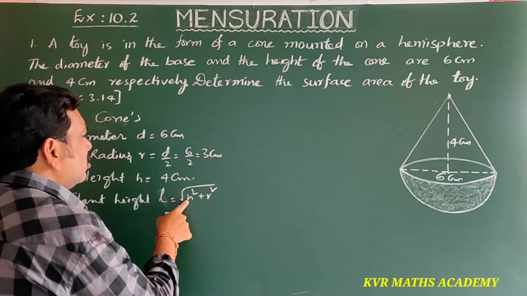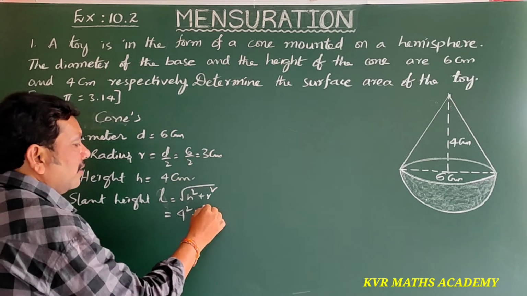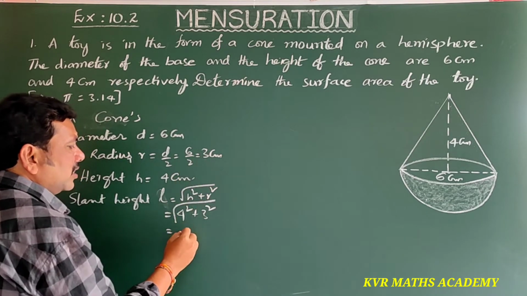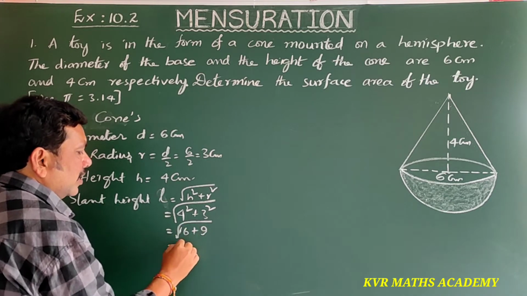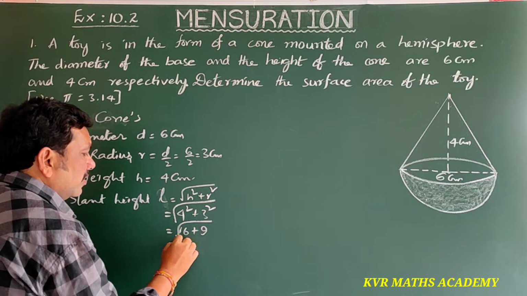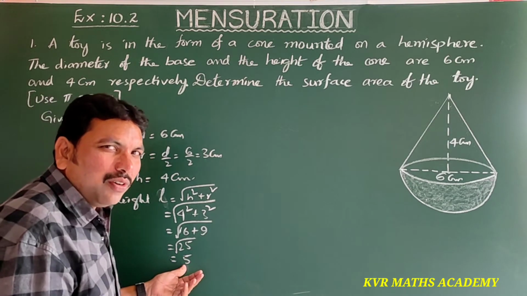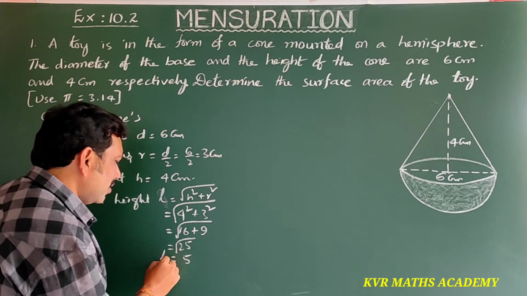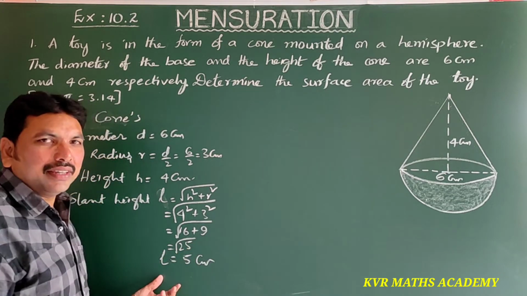So H square is 4 square plus R square is 3 square, that is 16 plus 9, so root 25. This is plus or minus 5, but we have to take the positive value. So slant height L is equal to 5 centimeters.